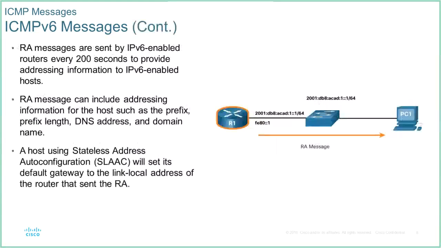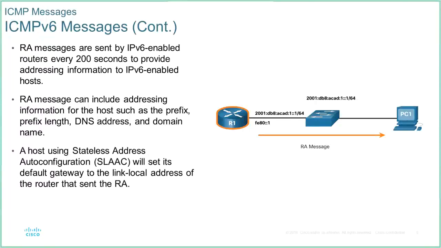So router solicitation and advertisements have a timer. Every 200 seconds, it'll send this message. And within that router advertisement, it will have the addressing information, as in the prefix length, where the DNS is, what the domain name is, and things like that.